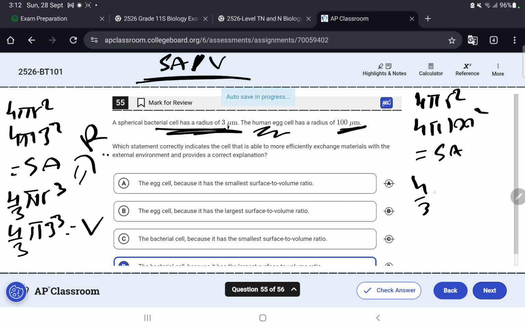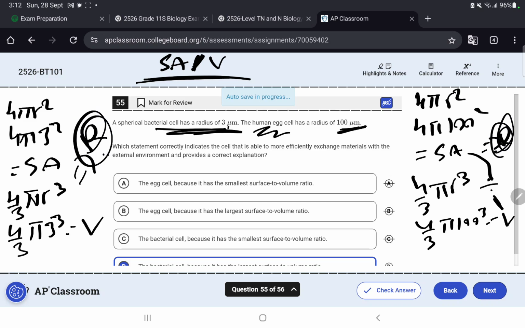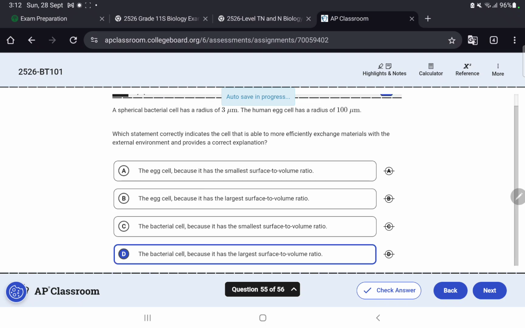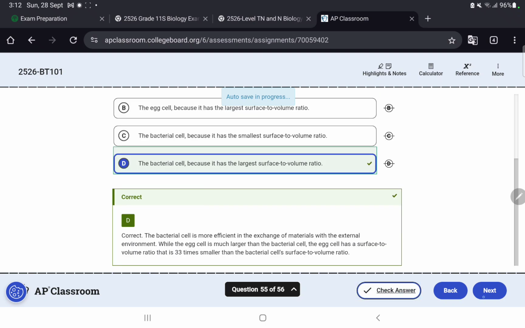Then same thing for the volume, 4 over 3 pi r cubed, 4 over 3 pi 100 cubed, you get volume. You do surface area over volume, you get the ratio. You compare the ratios, you see the bigger one, which will be the bacterial cell, actually by 33 times. So the bacterial cell is 33 times more efficient than the human egg cell. And the reason why is because this will be 33 times bigger than that. So, and the bigger one is always more efficient. So yeah, the bacterial cell, because it has the largest surface to volume ratio. Okay.